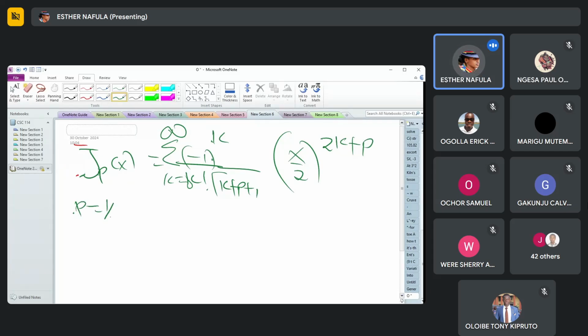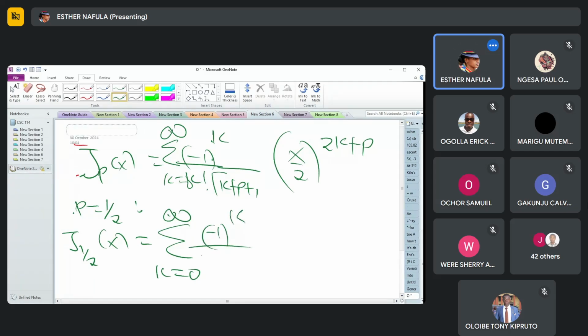P equals a half would imply J half of x is the summation from k is 0 to infinity, minus 1 raised to power k over k factorial, gamma of k plus a half plus 1, times x over 2 raised to 2k plus a half.